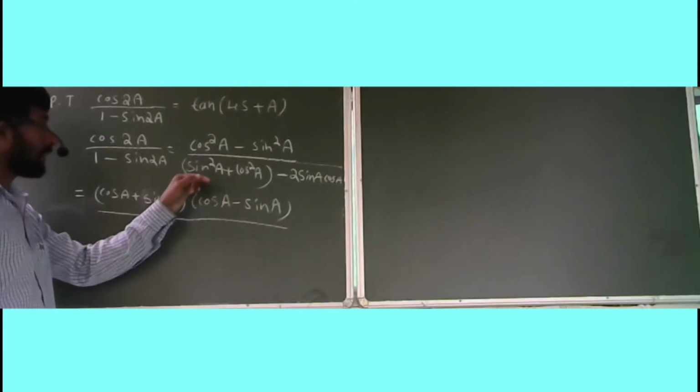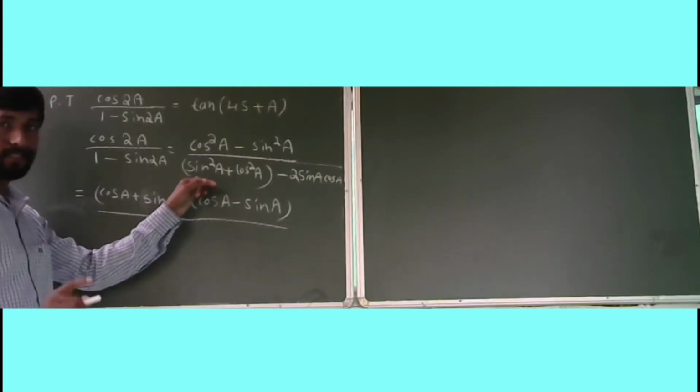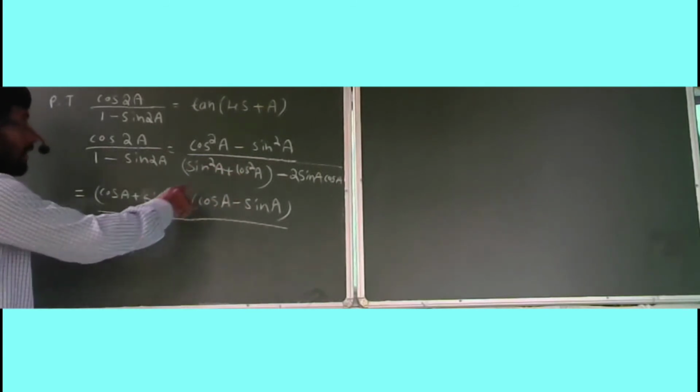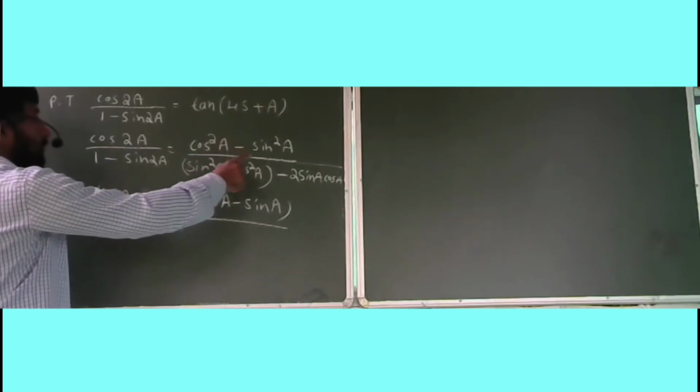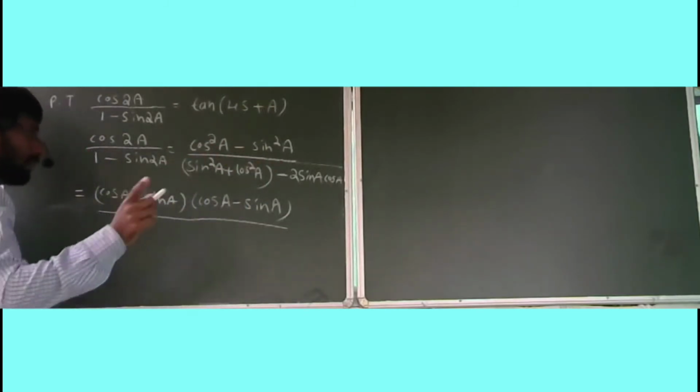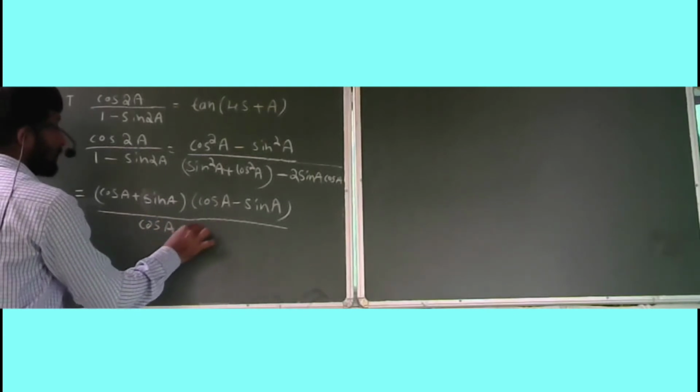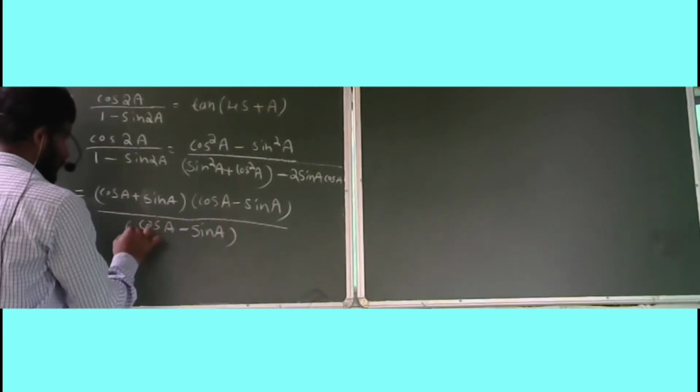In place of a, sin square a is there, in place of b, cos square a is there. A square means sin square a, that means a equal to sin a, b is equal to cos a. Okay, denominator is of the form a square plus b square minus 2ab. So you can write it as cos a minus sin a whole square.